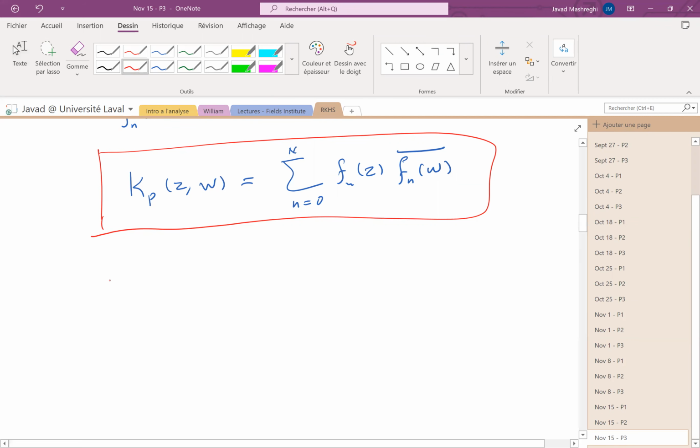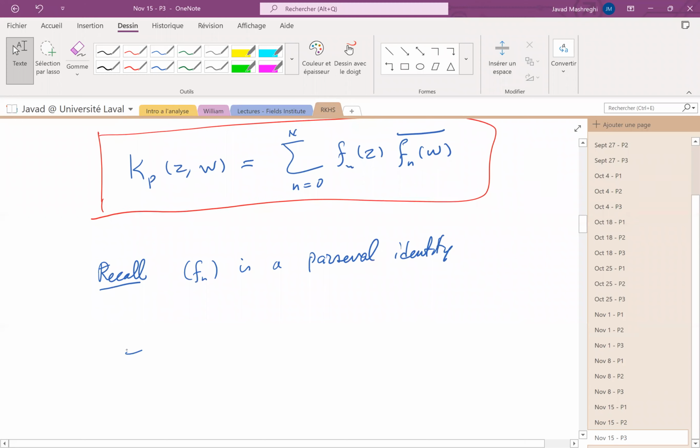So the theorem we had, recall, if F_n is a Parseval frame, then K, or K_P in any case, of Z and W has this representation.